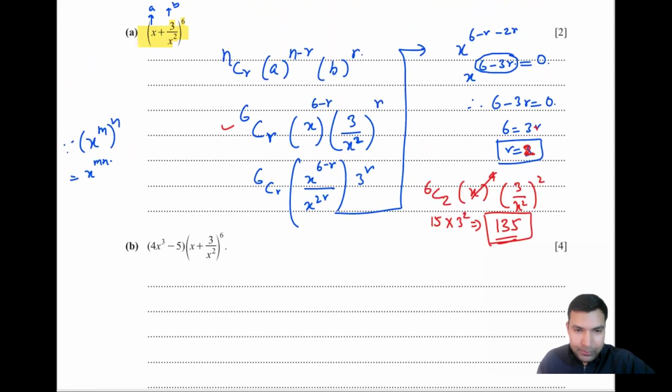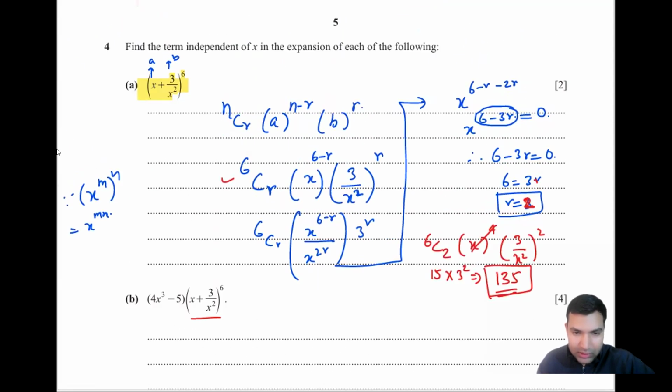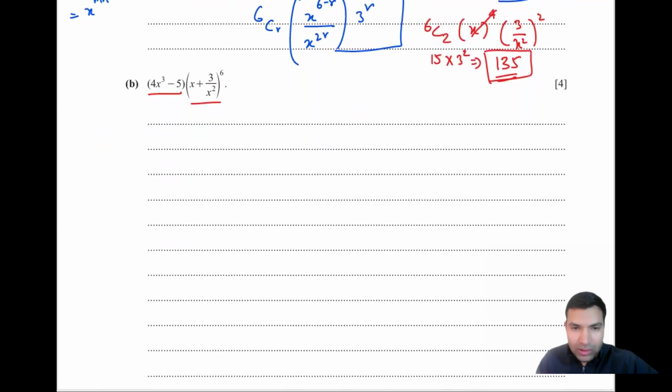Here they are saying b part. The expansion of this is basically multiplied by this term 4x cubed minus 5, and we need to find the term independent of x. So now here, for the time being, I need to expand this. Try to visualize this.